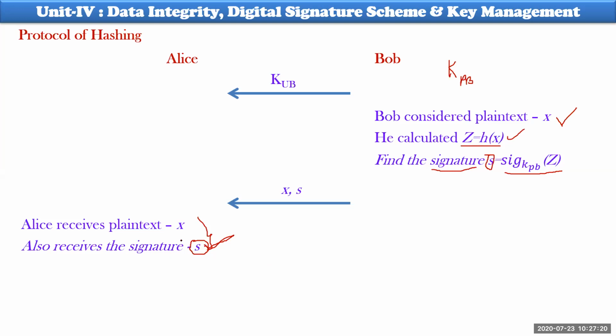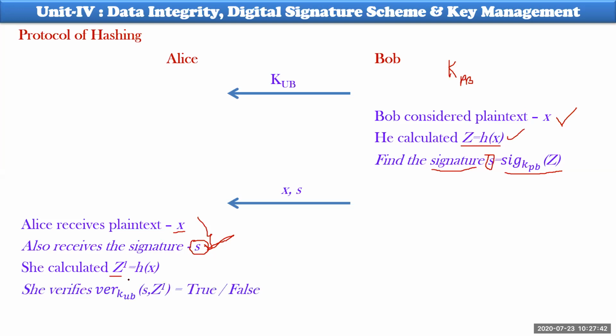Instead, what she can do here is calculate Z prime. The plain text is already with Alice because it has been sent by Bob to Alice also. So she calculates Z prime equal to h of x, and then she verifies whether Z prime and S are the same or not.